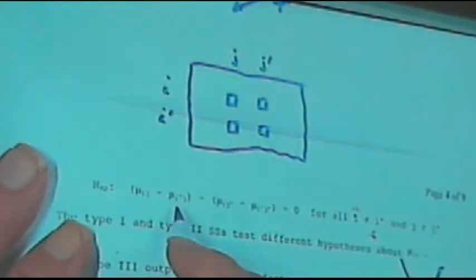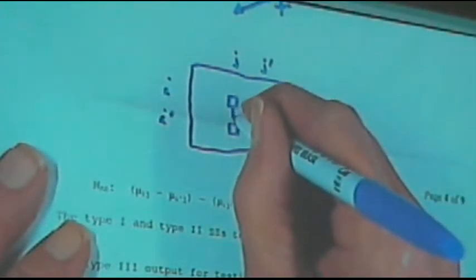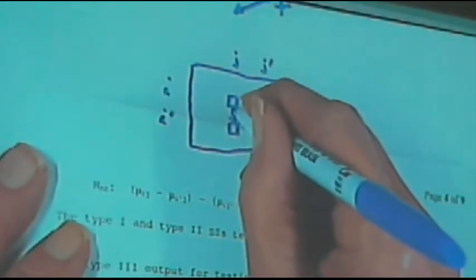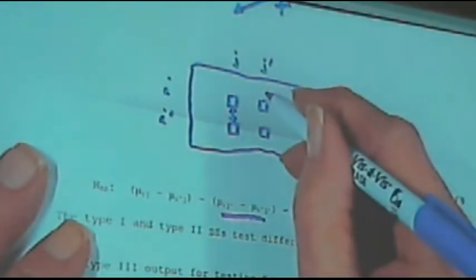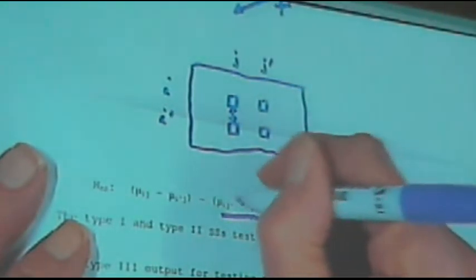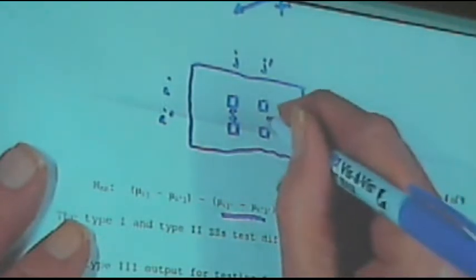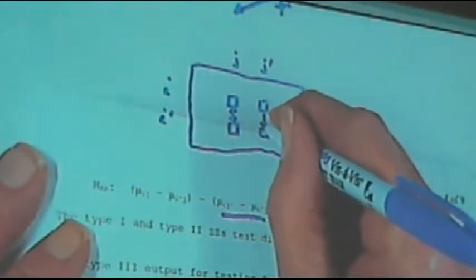This is saying, fixing J, take the difference on the two I's. So the first expression is this difference right there. And then the second expression here, it's got J prime in both of them, so we're over in that column, and it's got two different rows, I and I prime. So the second one is this difference here.